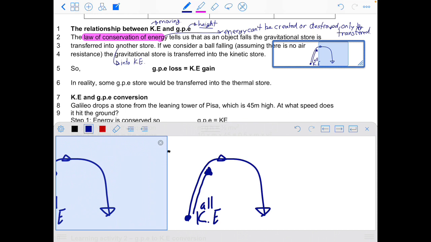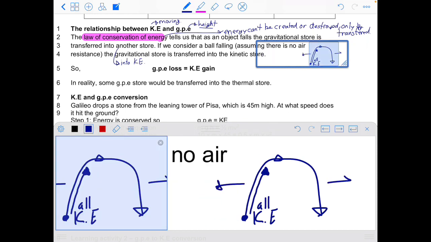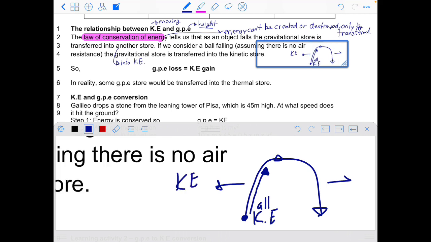So the kinetic energy on this side turns to gravitational potential energy as it goes up. Once it reaches the top here, it is all gravitational potential energy. There's no kinetic energy left. It actually pauses for the briefest of seconds.